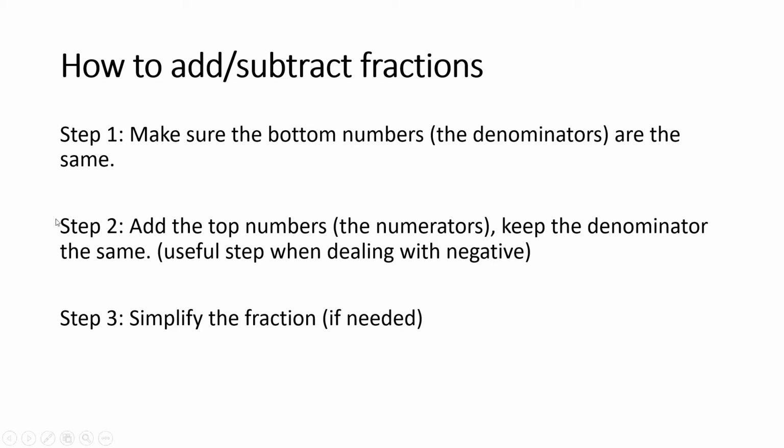This second step is pretty useful when we're dealing with negative fractions. Ooh, negatives, chapter 1, haunting you again. Step 3: simplify the fraction if needed. If the fraction is simplified, you're good, but if it's not simplified, then you need to simplify even more.